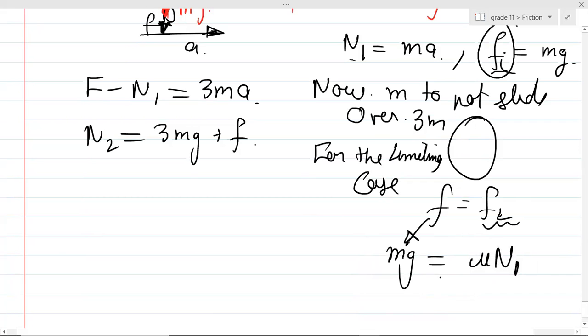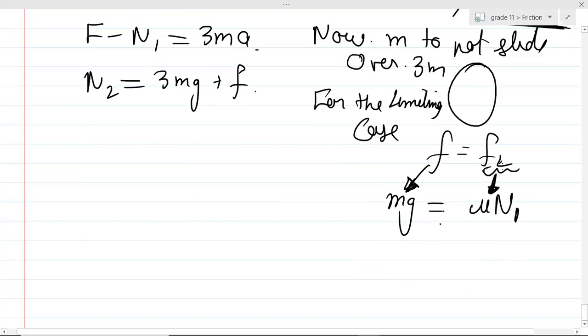So this F was equal to mg according to this equation, and the limiting friction was equal to mu into N1 from this equation. Since you made this as max, even your N1 is max. Since FL is the maximum value, that implies N1 also has the maximum value.